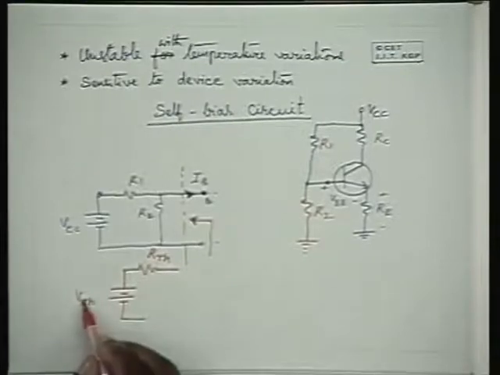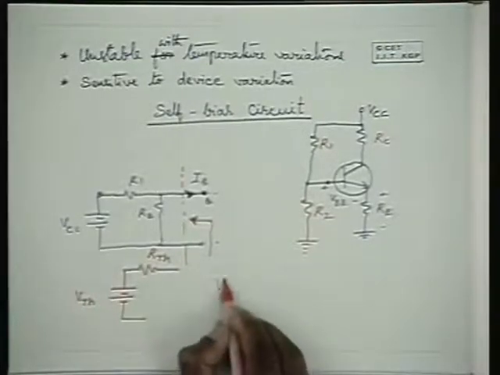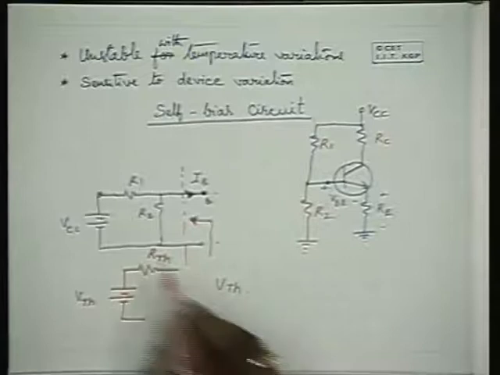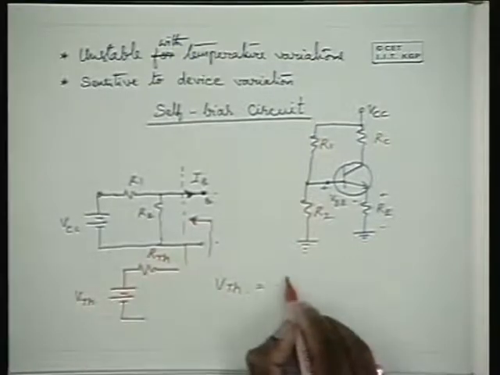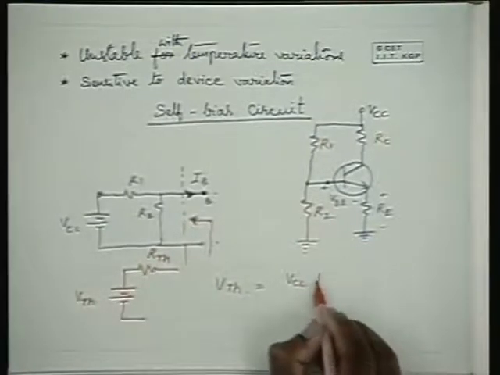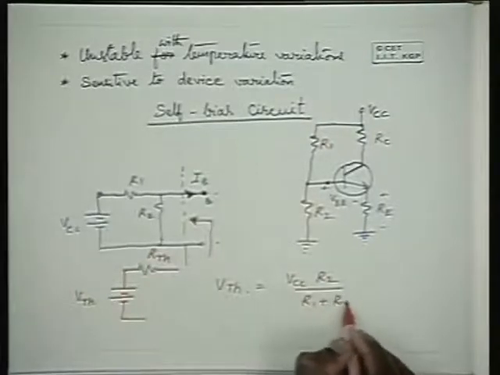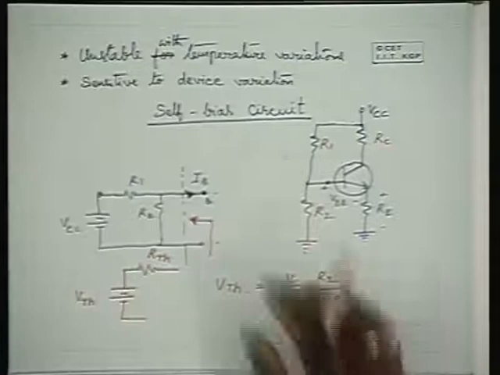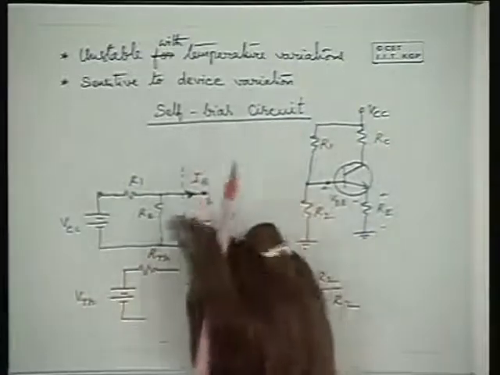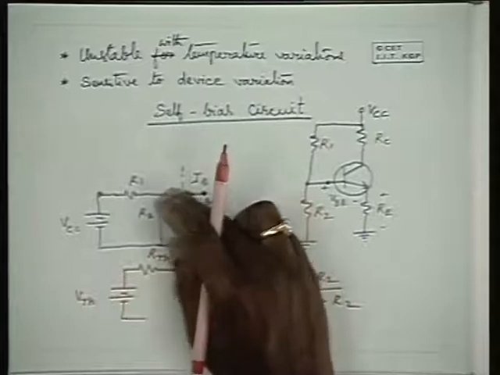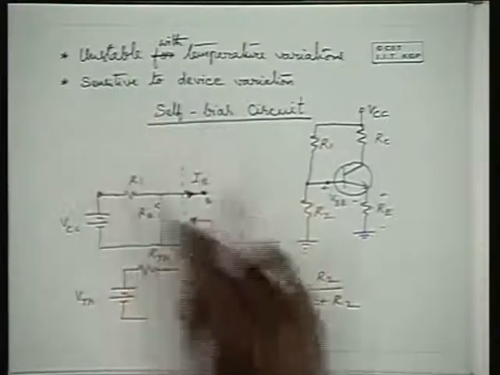Now, you know that V Thevenin is equivalent to VCC into R2 by R1 plus R2. That means when this is open circuited, what is the voltage which appears across this terminal? That is V Thevenin, equal to VCC into R2 by R1 plus R2.